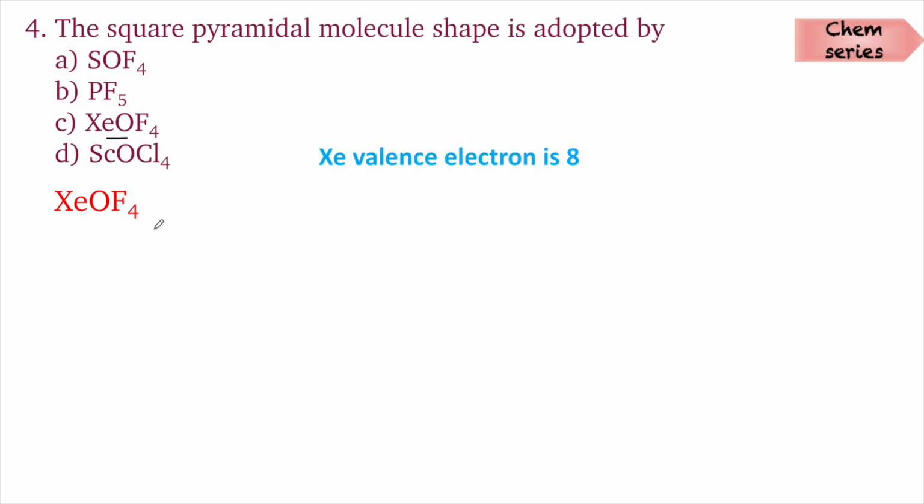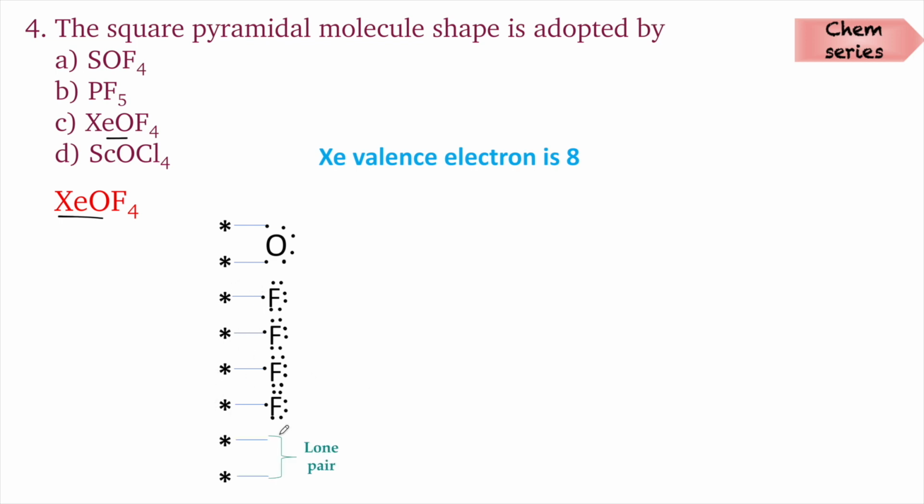XeOF4. The central atom is Xe and its valence electron is 8, and it has one oxygen, so it takes up 2 valence electrons of Xe to form a double bond, and there are 4 fluorine atoms, so they take up 4 valence electrons of Xe to form single bonds, and there is one non-bonded electron pair.